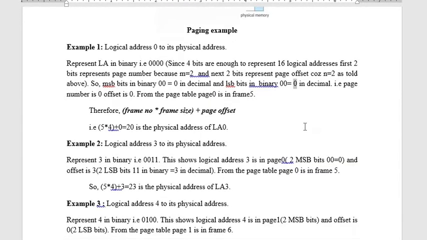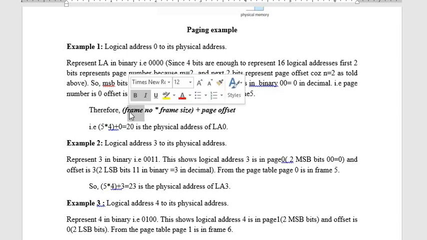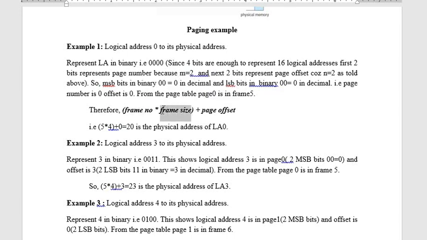So the same thing is happening here. Get the frame number from the page table, multiply that with the frame size, because as I told earlier, in order to have the base address of any particular frame, you need to just multiply the frame number with the size of it. We have the frame size as 4, plus the page offset.